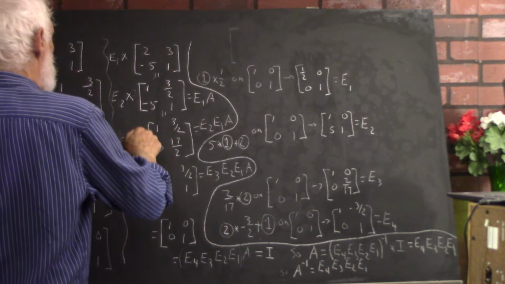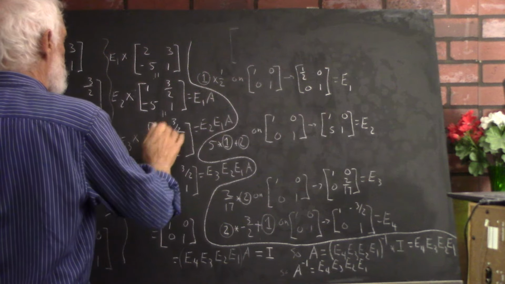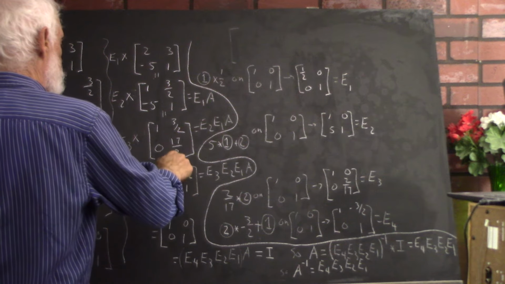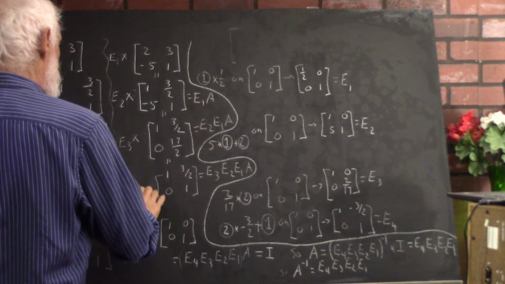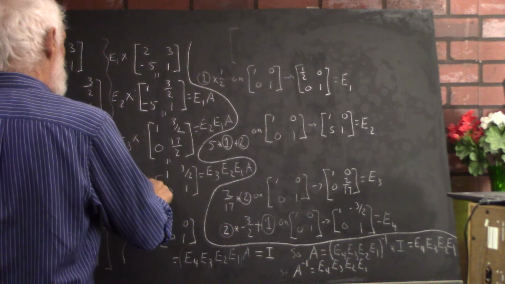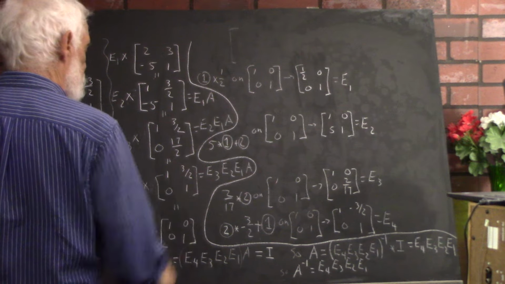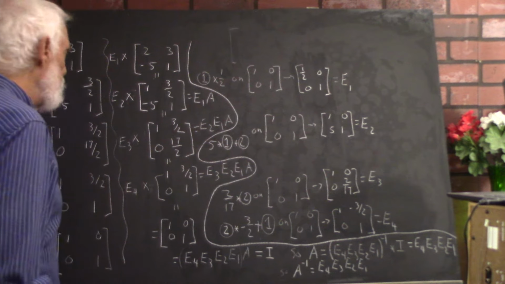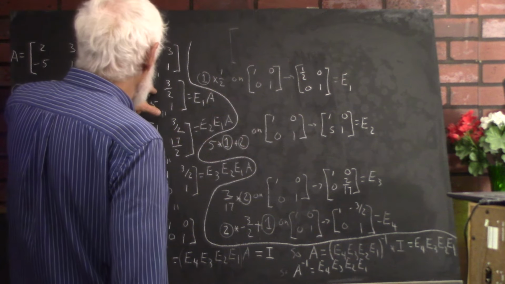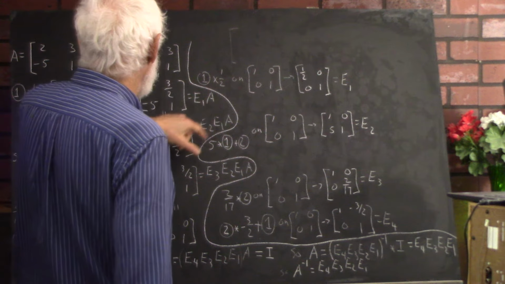E3 times this equals this. And E4 times this equals this. Okay, so I can say now that this matrix is E1A.